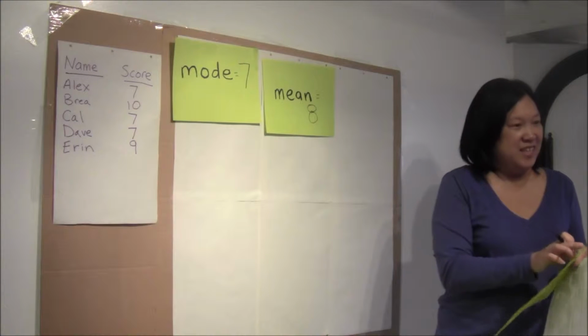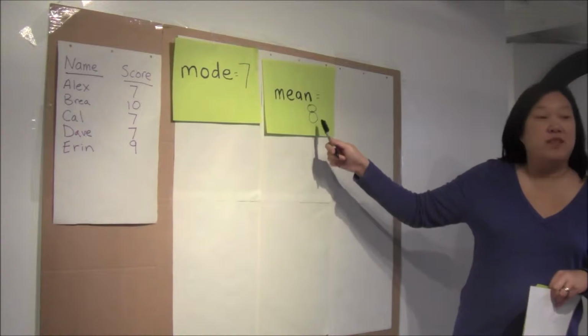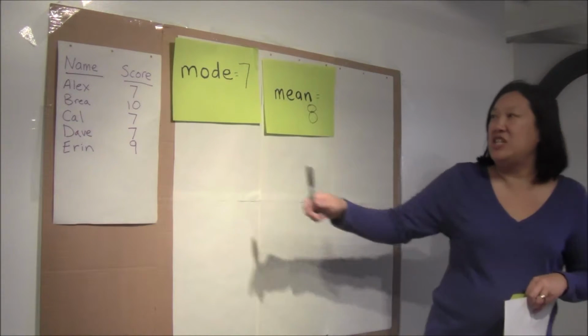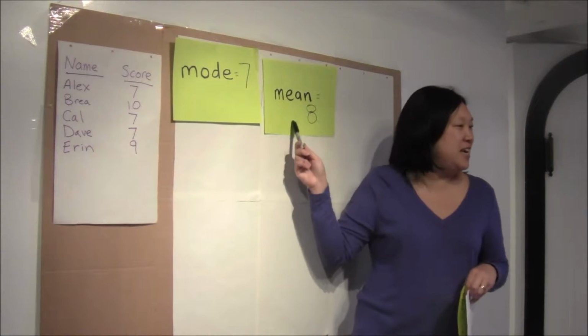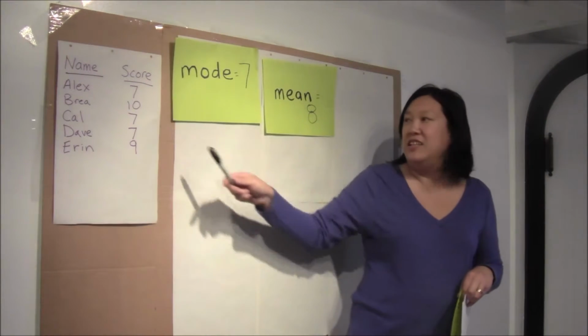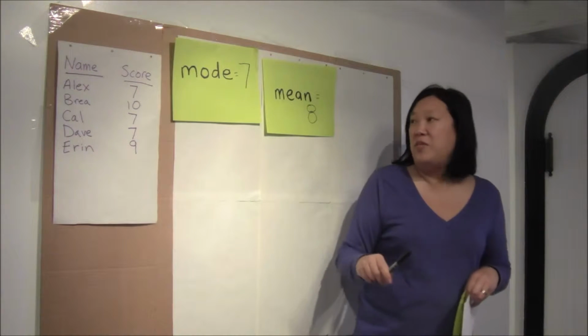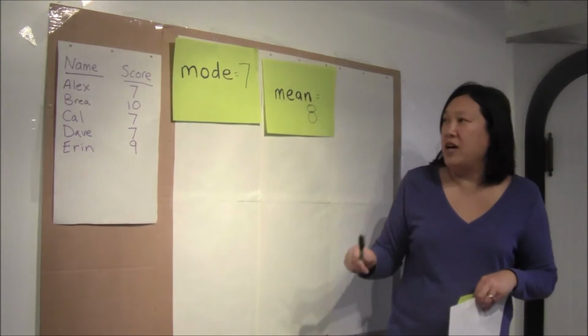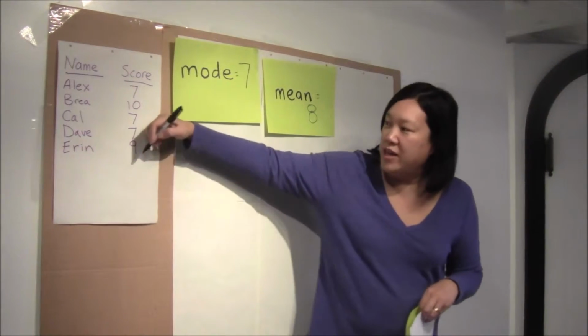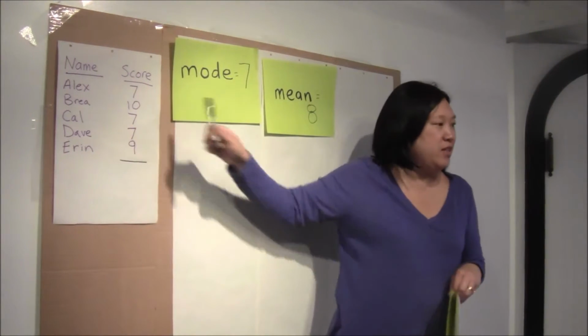How did we get that again? So how did we get the mean? All right. Asia, can you tell me how did we get this 8? We added up 7, 10, 7, 7, and 9, and then divided it by 5 because that's how many there are. Right. Good. So that's how we got it. And so when you add these up, what do we get? Can you add those up again?